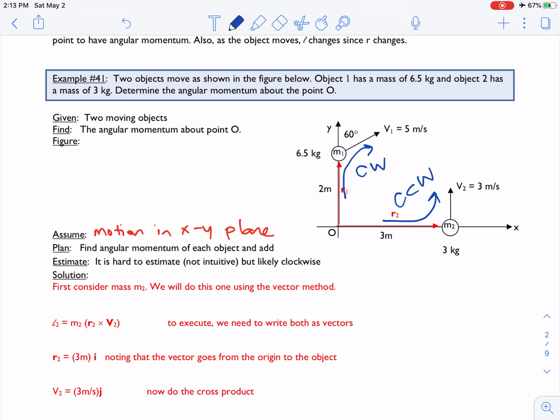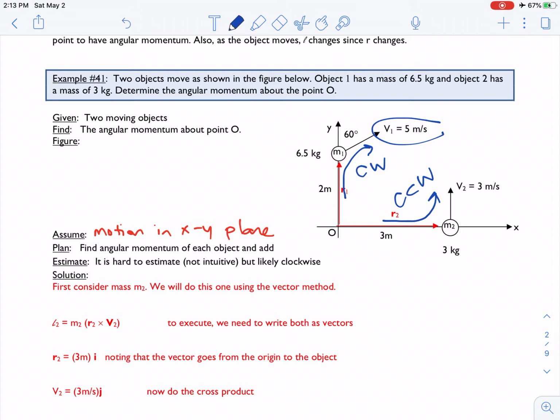Maybe not totally, because I don't know the entire algebra. Another thing I realized in the previous clip is that I really just need the perpendicular component of V1. That perpendicular component is going to be less than 5, maybe closer to 3. And R2 is bigger, so maybe M2 will have more angular momentum than the first one, so it could be counterclockwise.